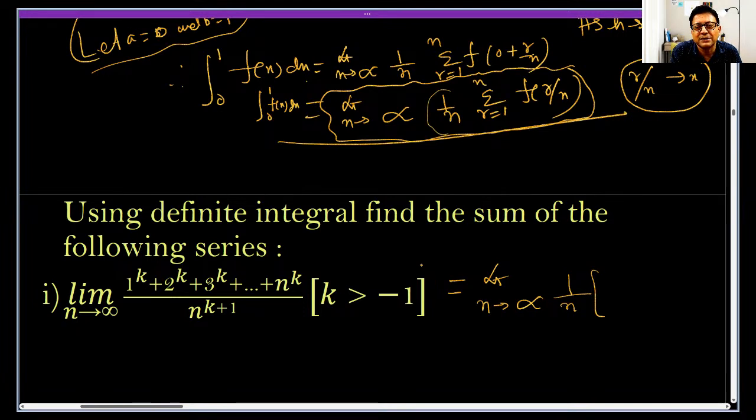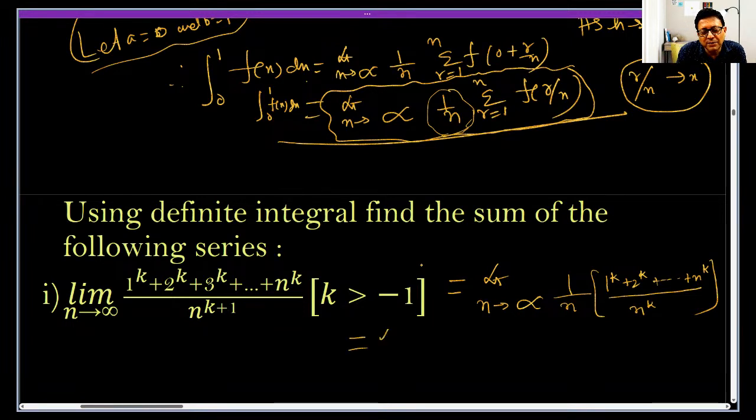Have you seen that? That's why. I need a 1 by n over there. Keep 1 by n outside. 1 to the power k, 2 to the power k, n to the power k divided by n to the power k. Isn't it?